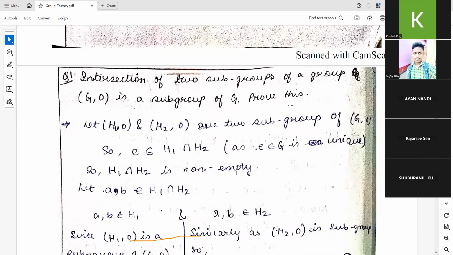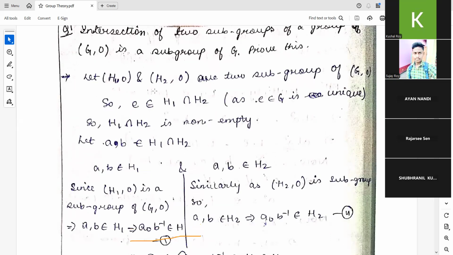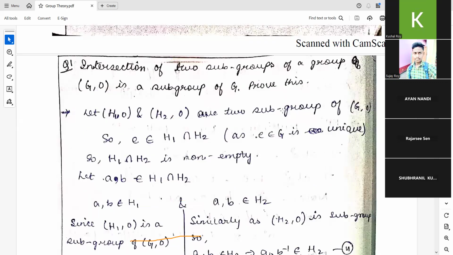Now, the next one is: the intersection of two subgroups of a group G is again a subgroup. It is very simple. Let us consider any two subgroups of a group G. It is very clear that any subgroup is a group, so there is an identity element, and since it is a subgroup, it contains the identity element of the mother group G. If E is the identity element of G, and we have already shown that the identity element of any group is unique, then if H1 and H2 are two subgroups of the group G, the identity element must belong to H1 as well as H2.